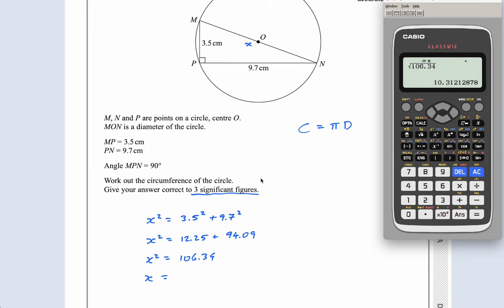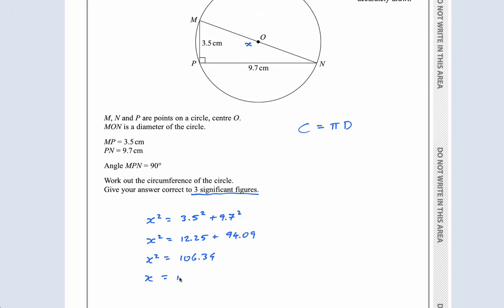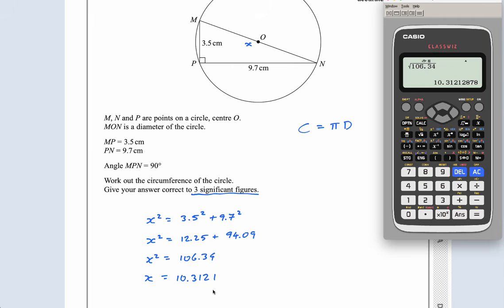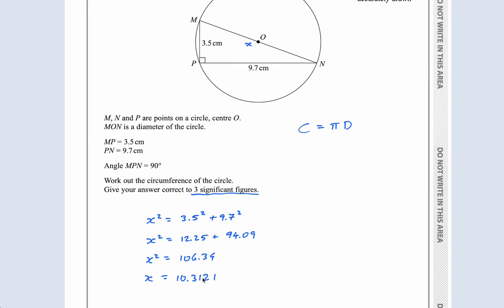I'll have to round a bit, but I'm not going to round to 3 significant figures yet, because this isn't the end of the question. So I'm going to write down 10.3121. You could write a few more if you wanted, but this will be enough. I want enough so that it doesn't mess up my rounding at the end of the question.